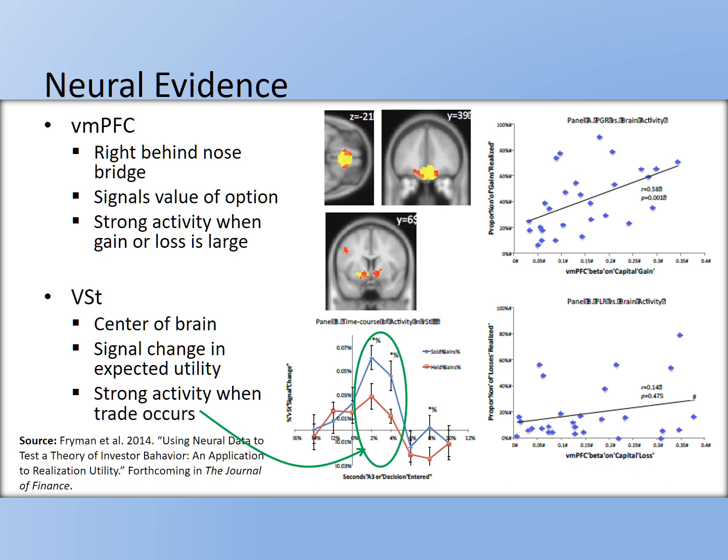The horizontal axis is seconds after decision making, so the origin is the moment of pressing the button. What you see is that there's a huge flow of blood to that region at the moment of pressing the button, and then it goes back. So this is a signal that you get a burst. This is evidence that people do get a big burst of utility at the moment of decision.